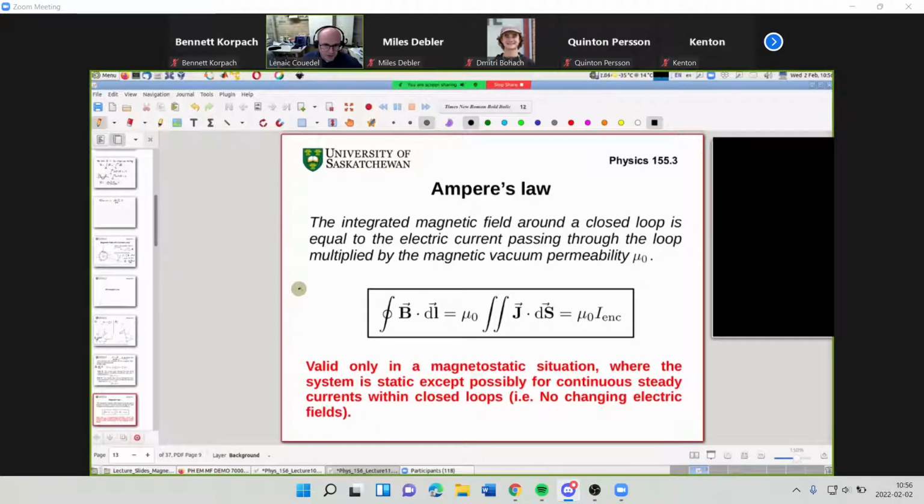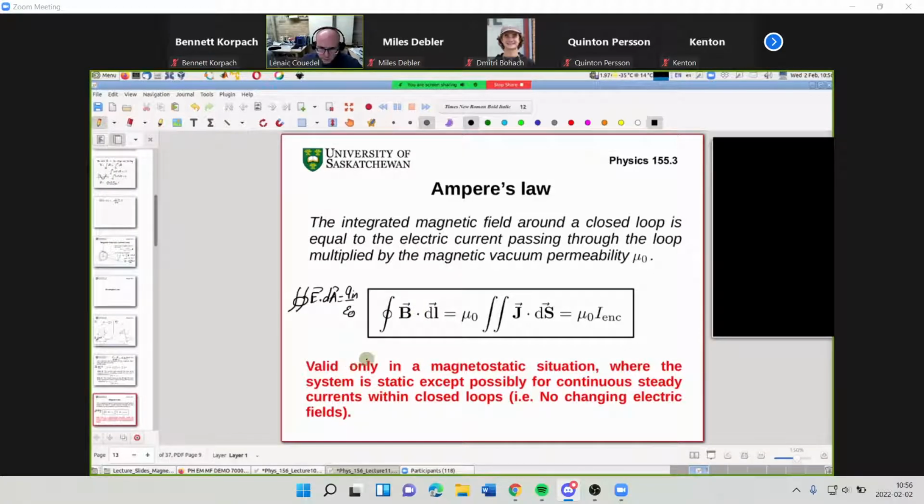For Gauss's law, it was over a closed surface of E dA equals Q in over epsilon 0. So you had the source inside a closed surface related to the electric field. For the magnetic field, you have the current inside a closed contour, which is related to the magnetic field.